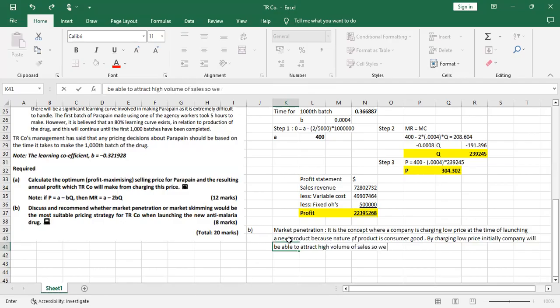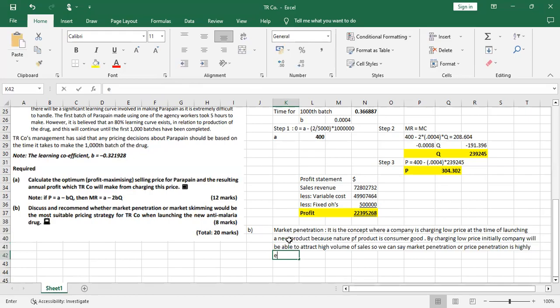So we can say market penetration or price penetration is highly elastic. This is called what?